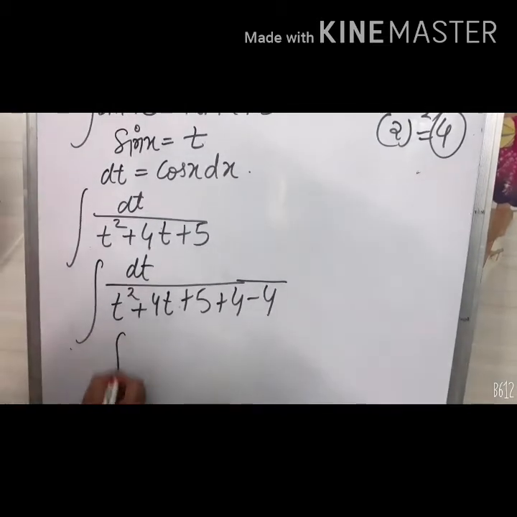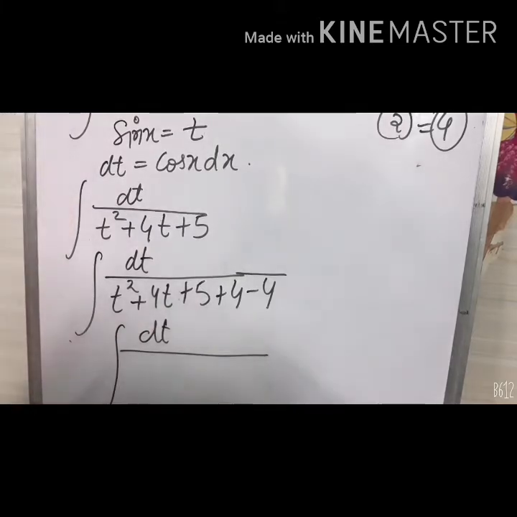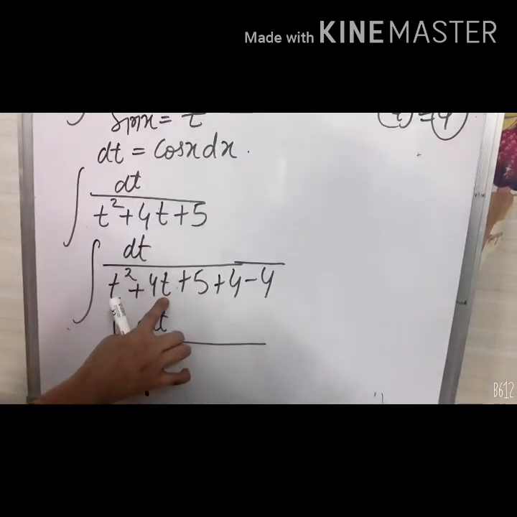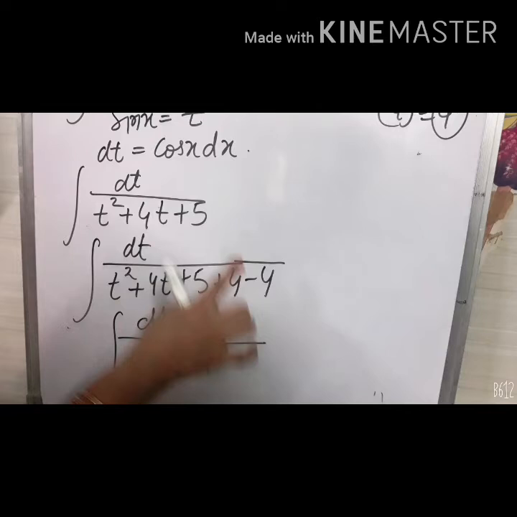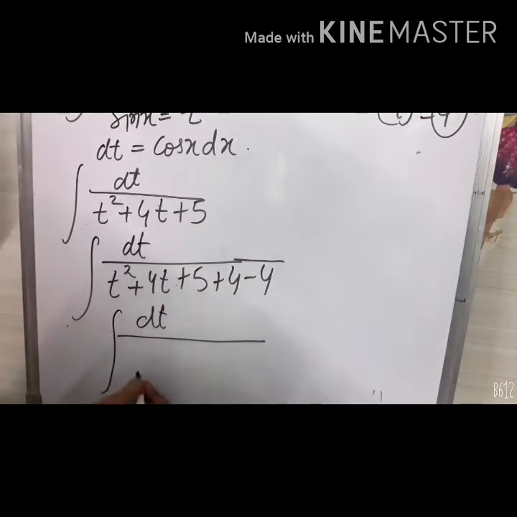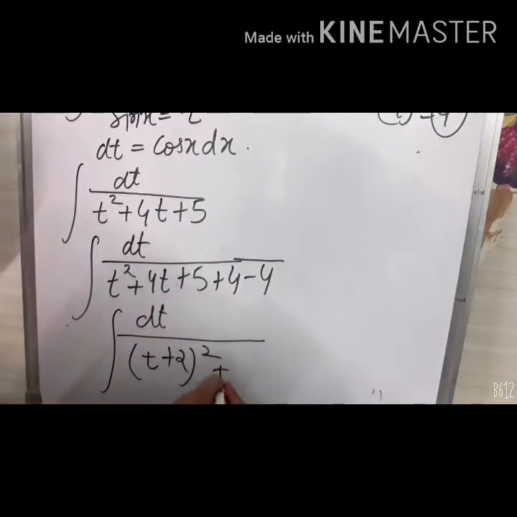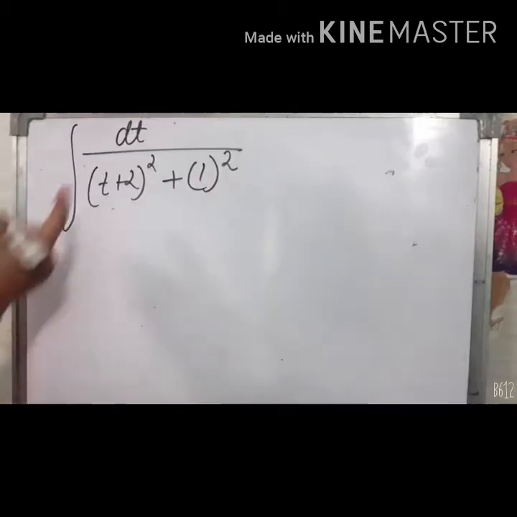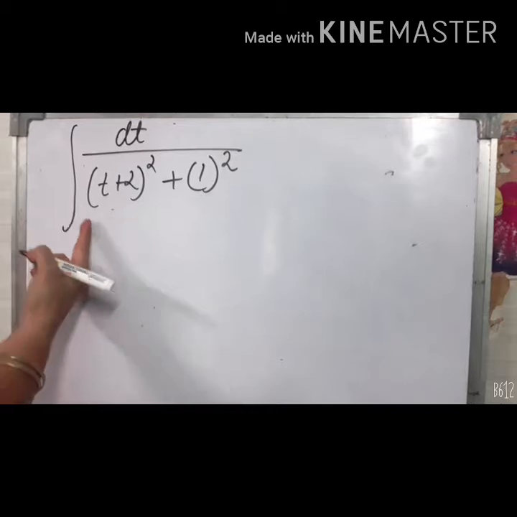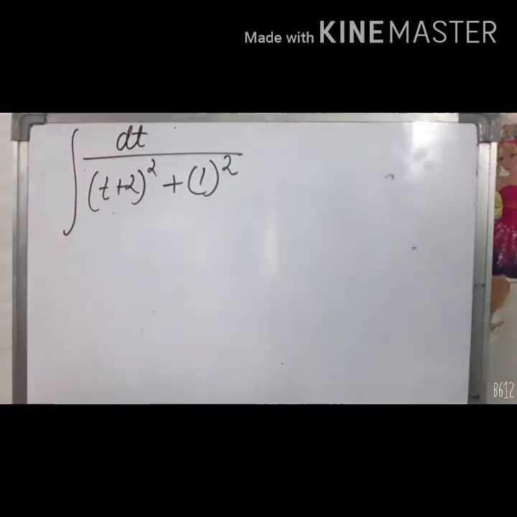Now it becomes dt by t square plus 4t, and what we are adding, take it with t square and 4t. I am writing directly, it becomes t plus 2 whole square. 5 minus 4 is 1. I can write it as 1 square. Now this becomes dt by t plus 2 whole square plus 1 square.